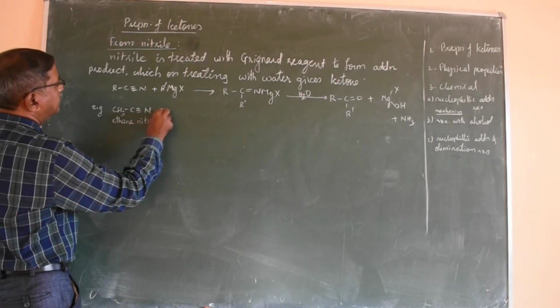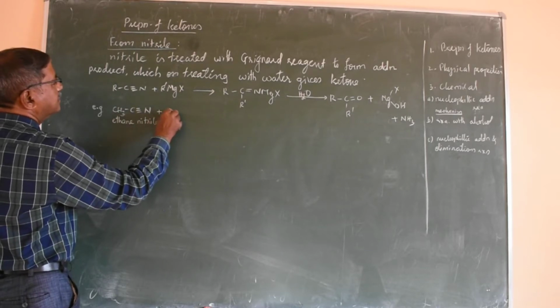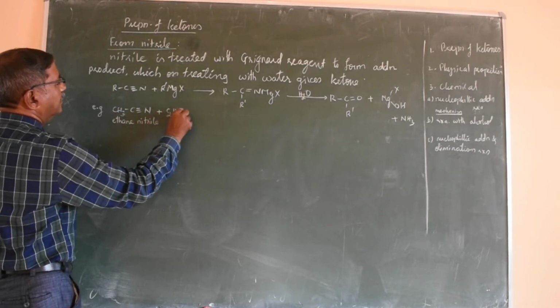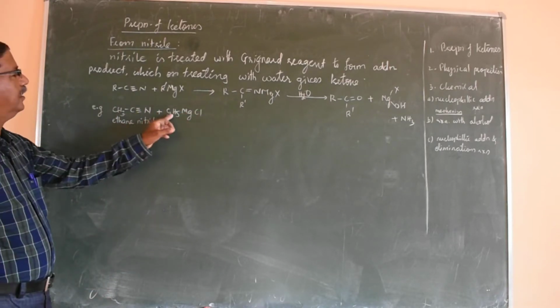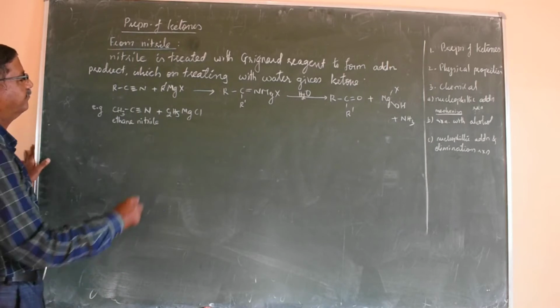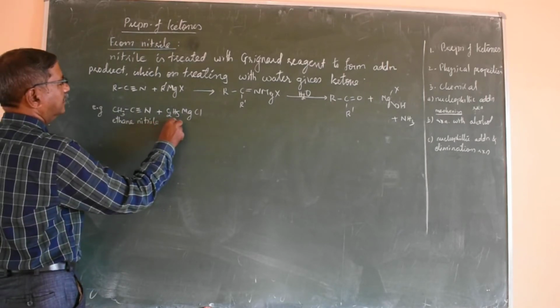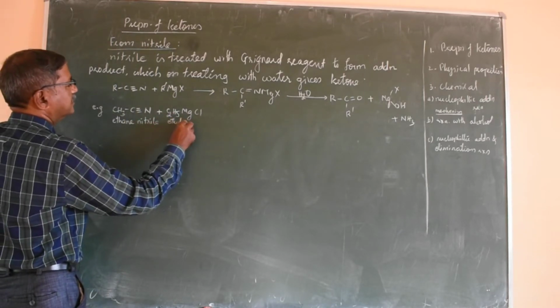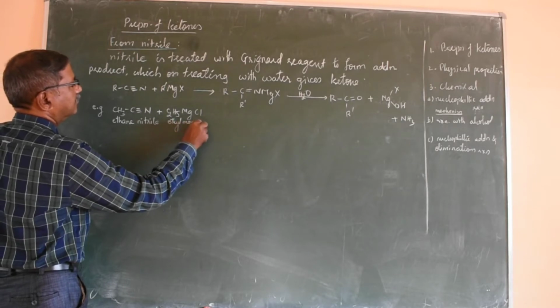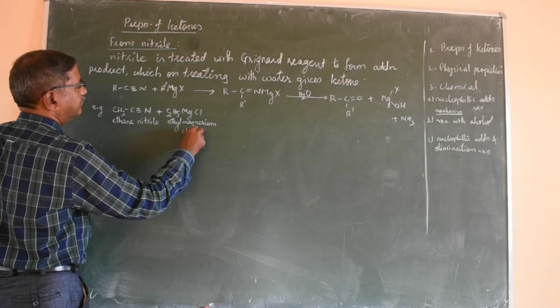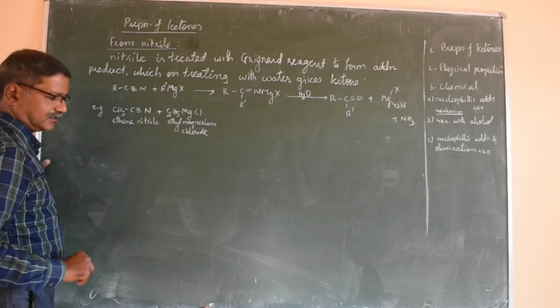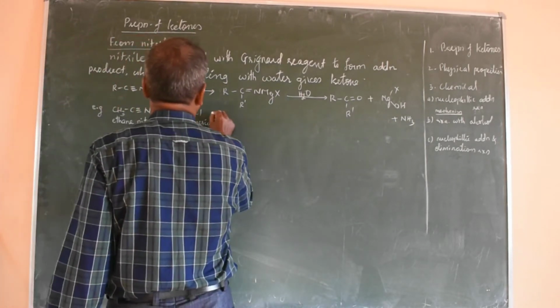Plus I am writing C2H5MgCl. We know it is called ethyl magnesium chloride. So it forms an addition product.